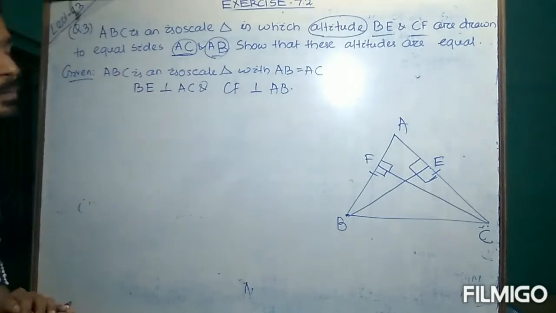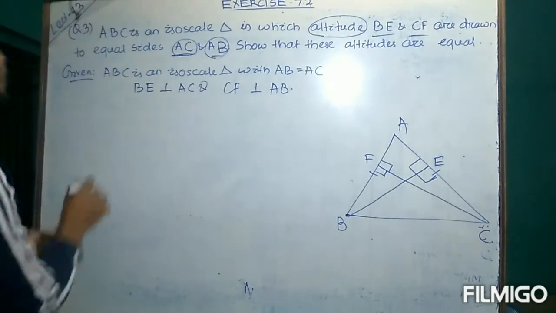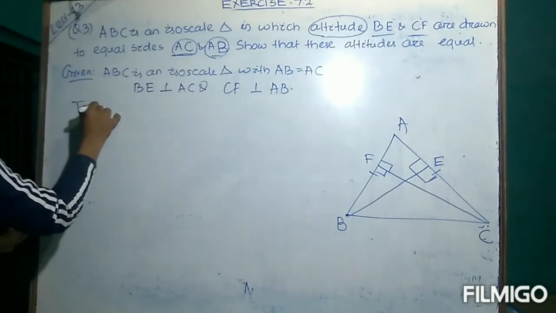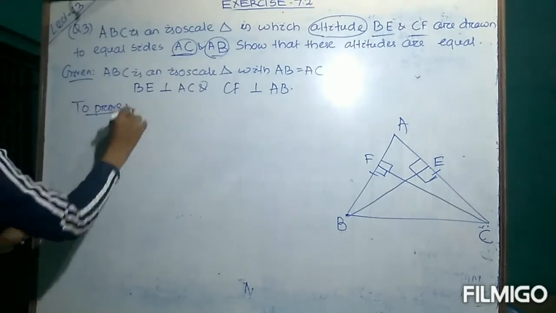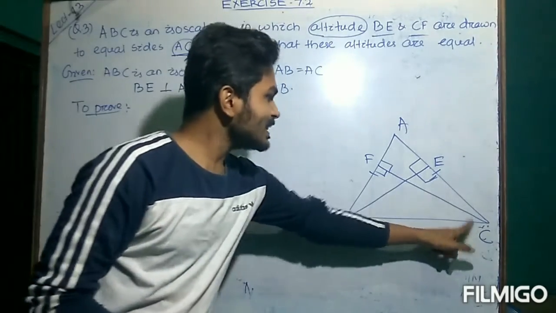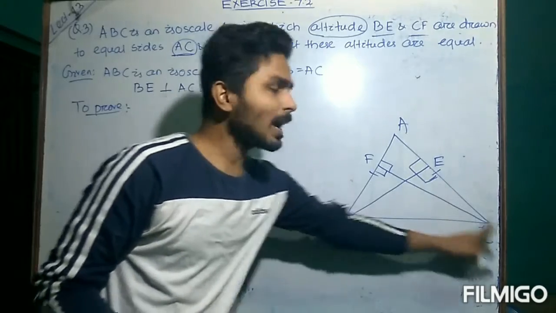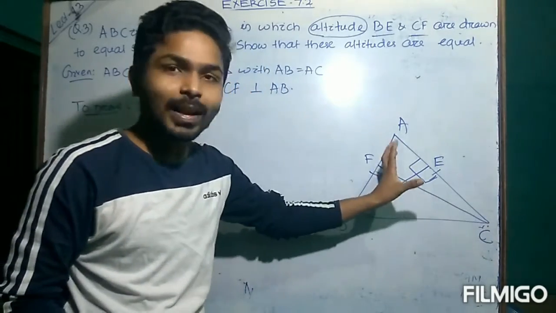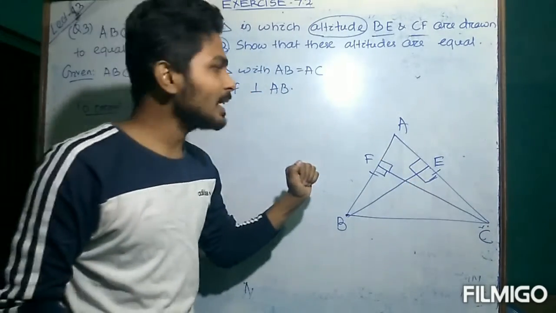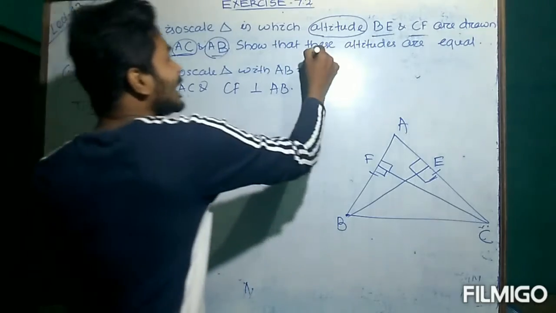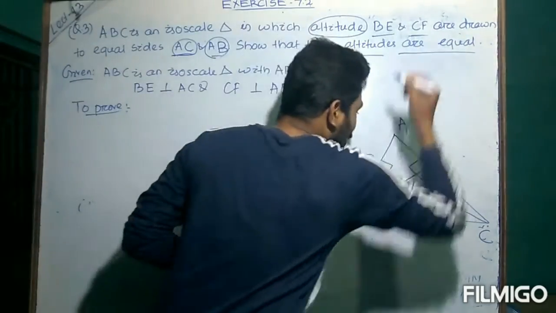This is clear now? Now we have to prove that BE and CF, which are two perpendiculars, known as altitudes, are equal.